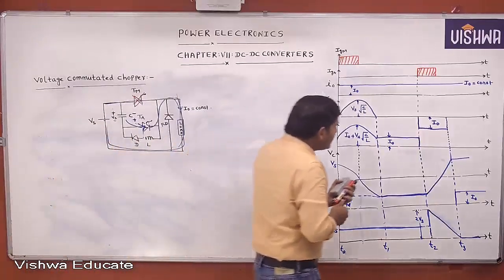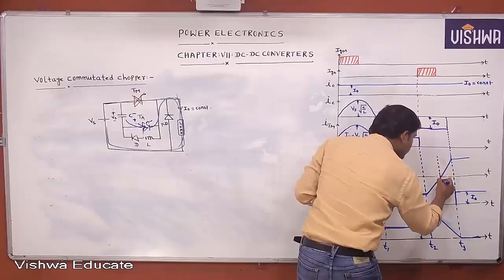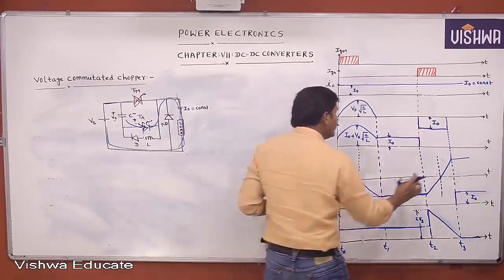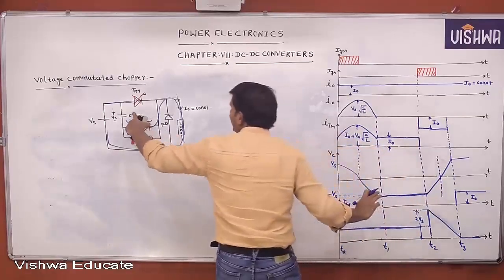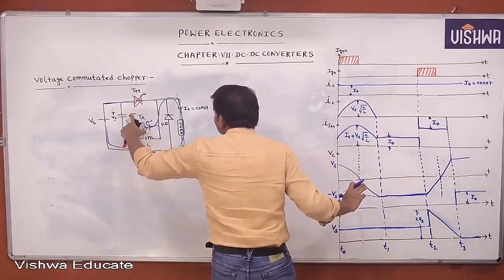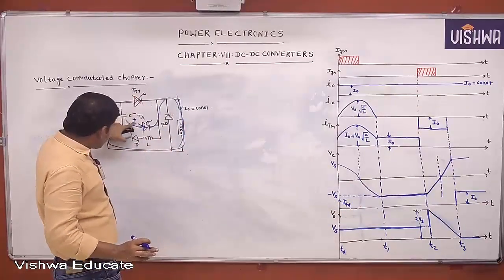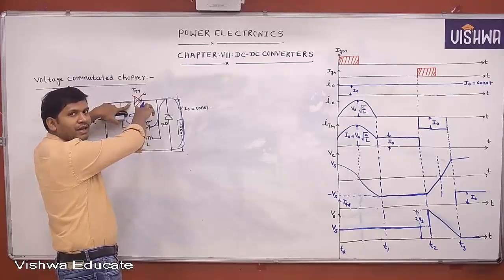Then during this time, this is minus, this is plus, a reverse voltage is applied across the thyristor. During this time, minus plus is a reverse voltage across the main thyristor.